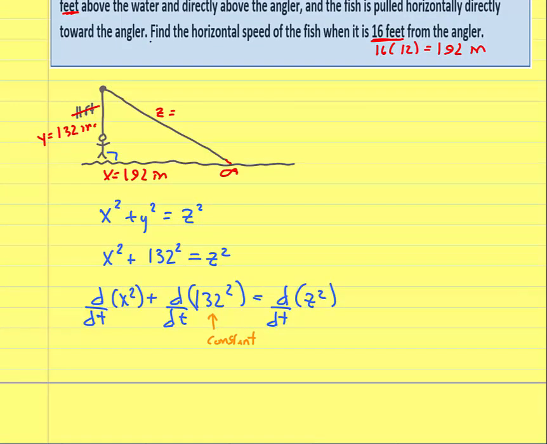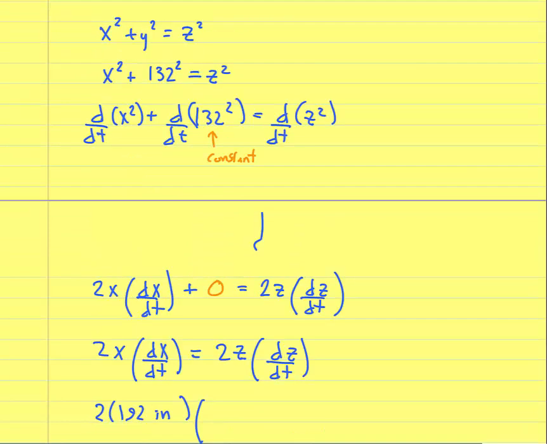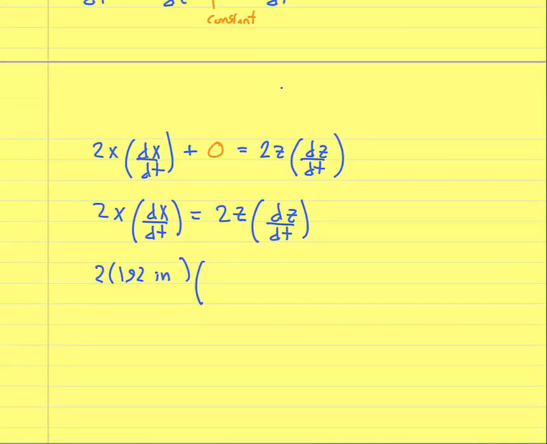It says find the horizontal speed of the fish. That was dx/dt, so this is our unknown. I'm going to put that in a different color so we don't forget that that's what we're trying to solve for. As we look at the rest of this, I should be able to figure out what z is. And then dz/dt is how fast the fish is being reeled in, and that was the 5 inches per second.